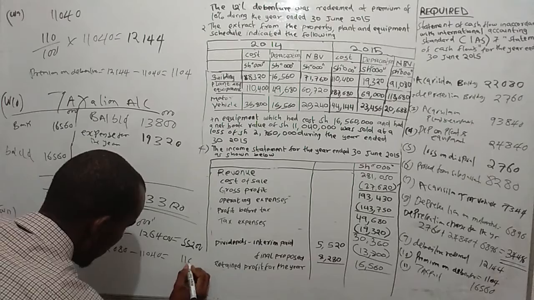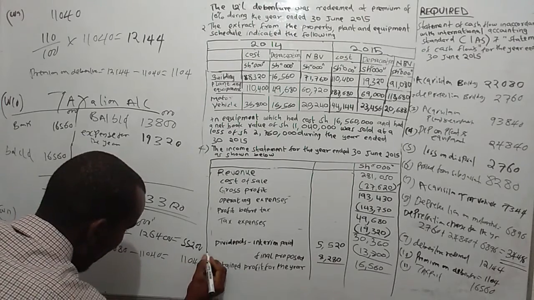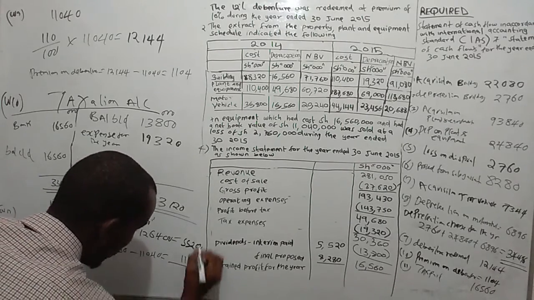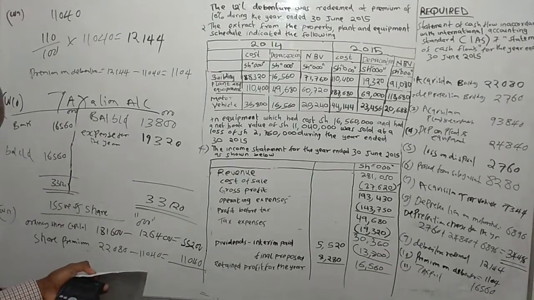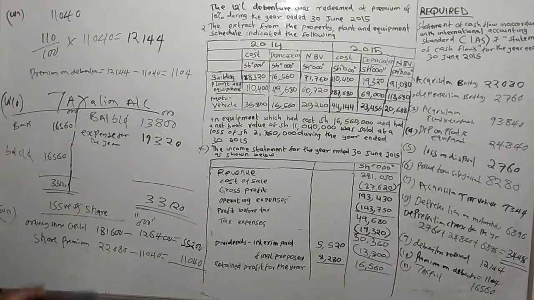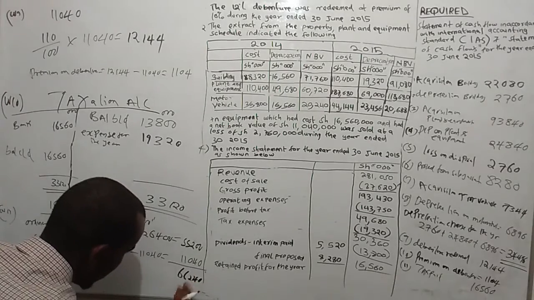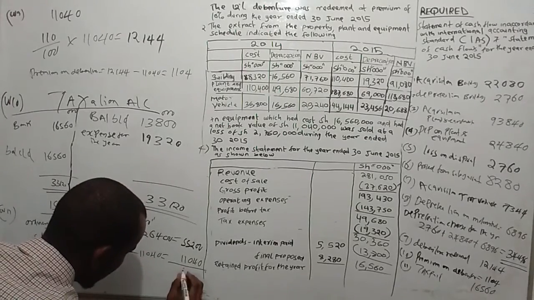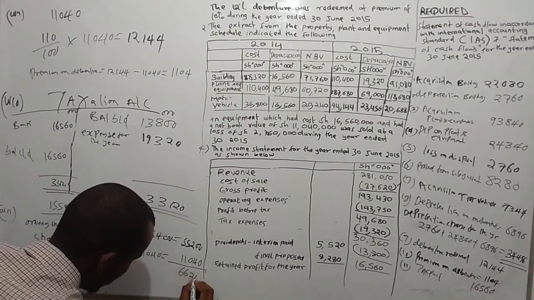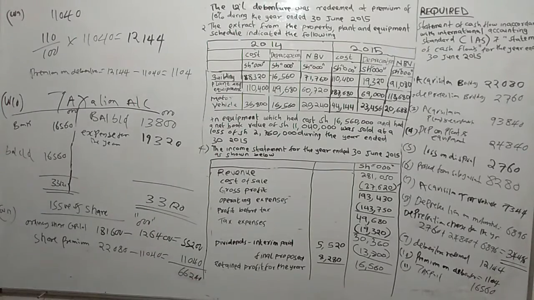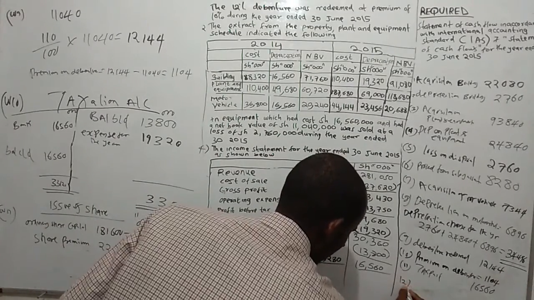I'm getting 11,040. Now, for us to get the total share issued, we add it to 55,200, which comes to 66,240.